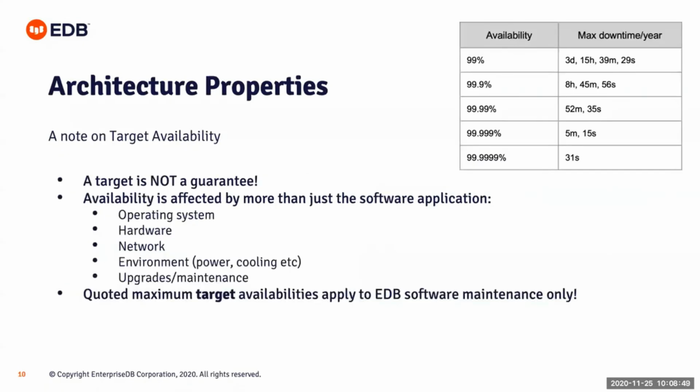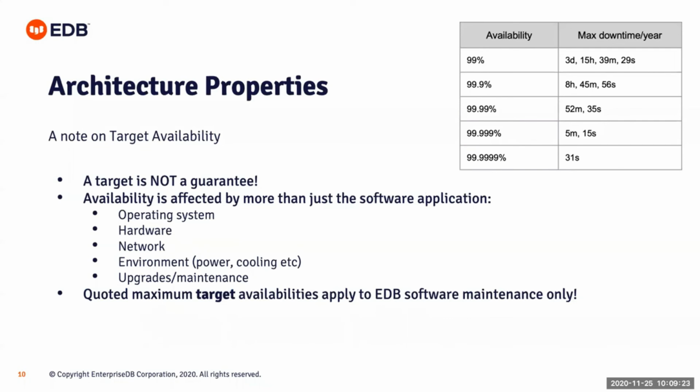In the top right corner here, we have some numbers for availability seen across a year. So with 99%, you are allowed to be unavailable for 3 days and 15 hours, as opposed to with 6 nines at the bottom, where within a year you don't meet your required uptime if you have more than 31 seconds of downtime during that year.